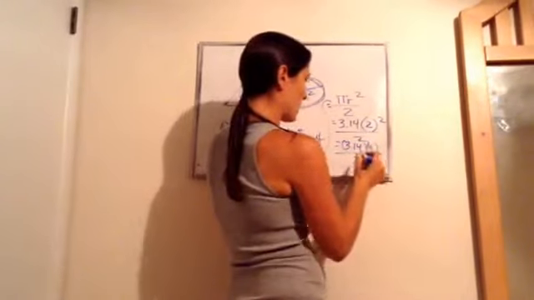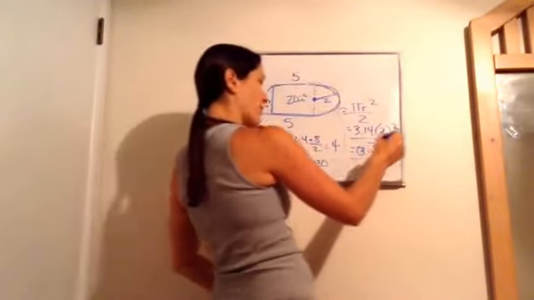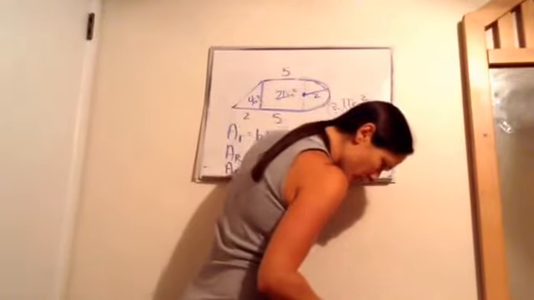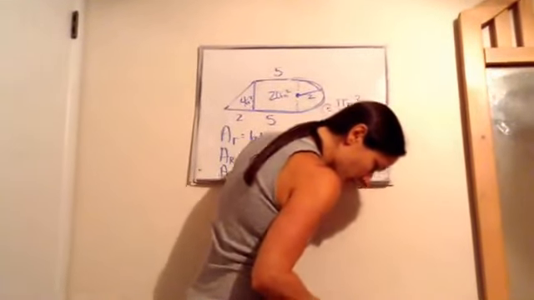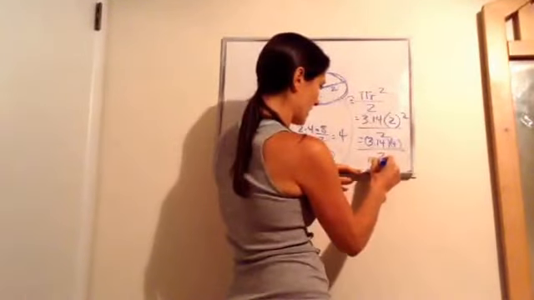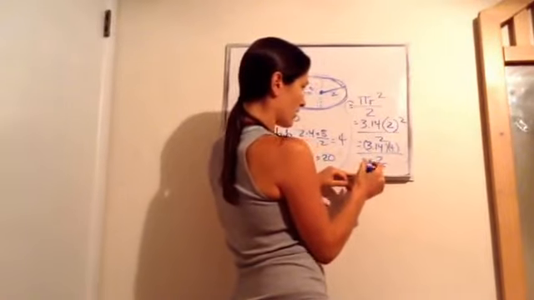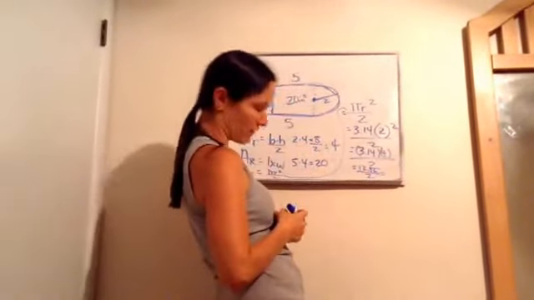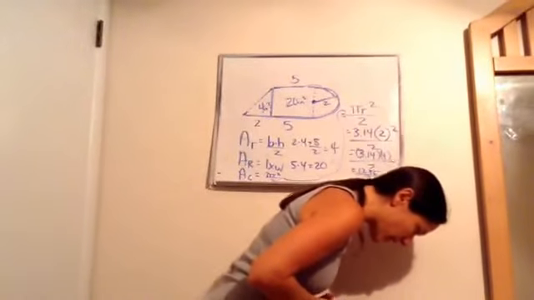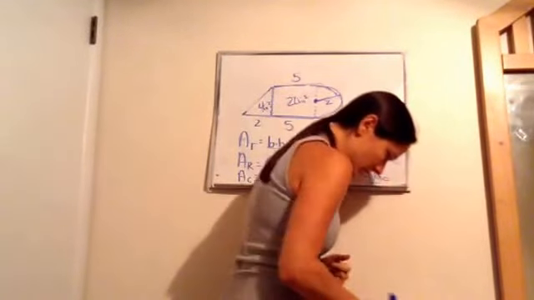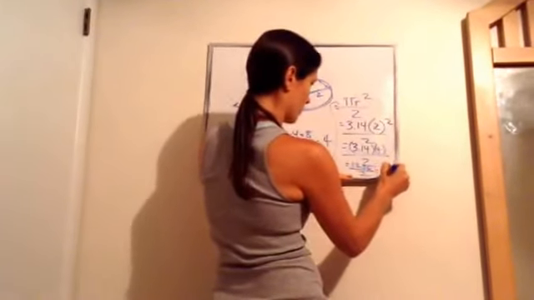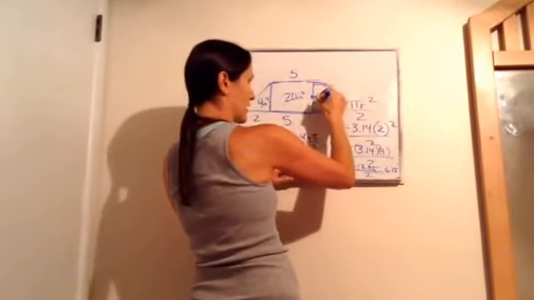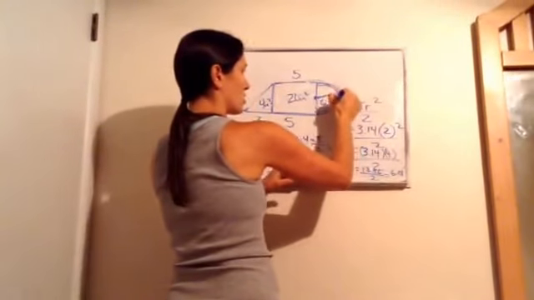And then we're going to divide that by 2. And so 3.14 times 4, it's going to give us something like 12.56, I think. 12.56 divided by 2 is going to give us the final answer of 6.28. So this portion on the inside is 6.28 inches squared.